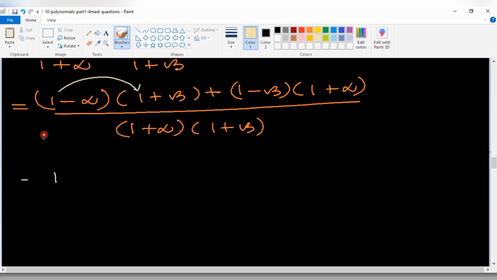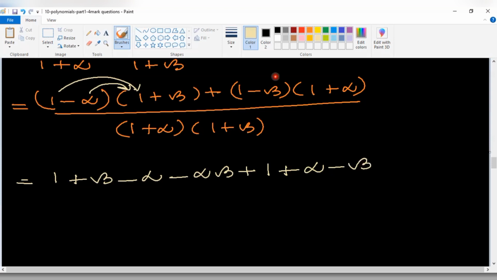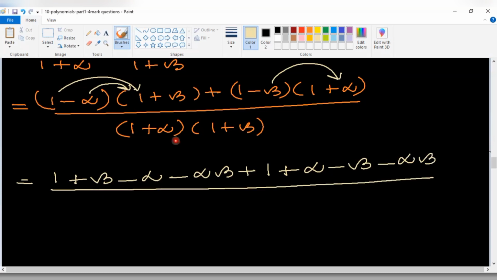Then 1 into beta, that is positive beta, plus beta, minus alpha into 1, minus alpha, minus alpha into beta, minus alpha beta, plus 1 into 1, plus 1 into alpha, plus alpha, minus beta into 1, minus beta, minus beta into alpha, minus alpha beta, all divided by, here we have to again open the bracket, 1 into 1, 1 into beta, positive beta, alpha into 1, plus alpha, into beta, so plus alpha beta.